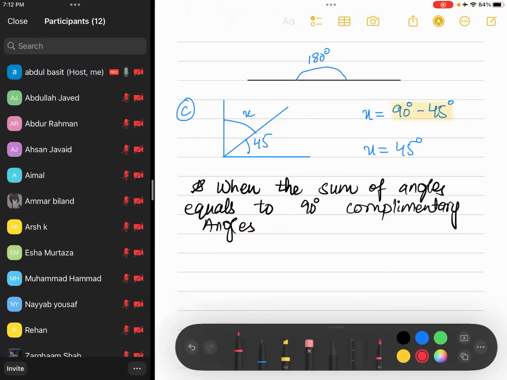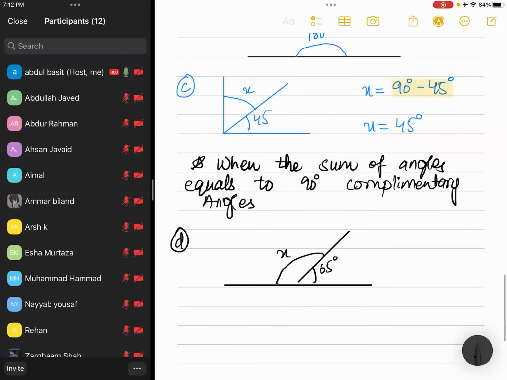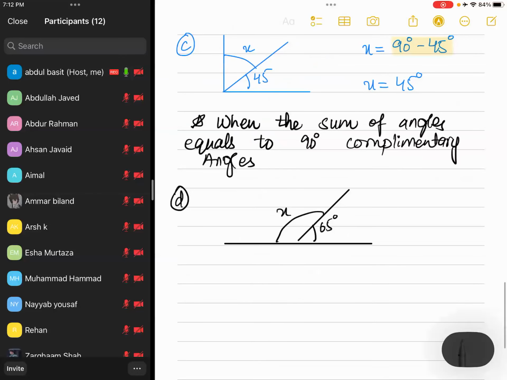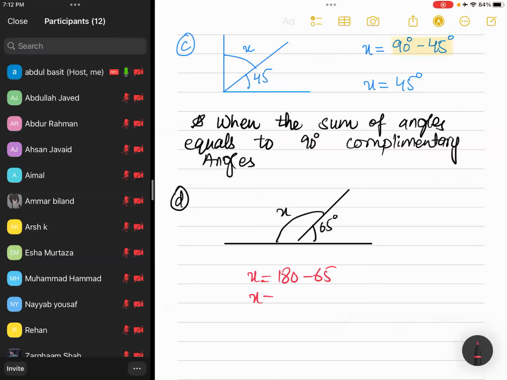Look at this. The point to remember, it is point D. For example, if this angle is 65 degrees, what is the value of x? 180 minus 65. So 180 minus 65 is 115 degrees.